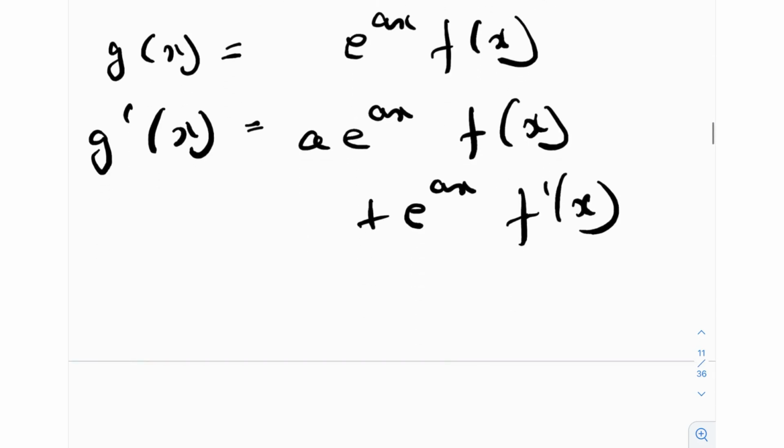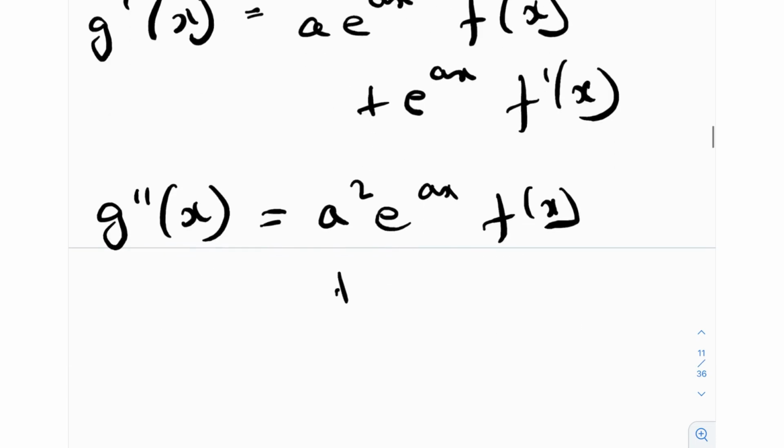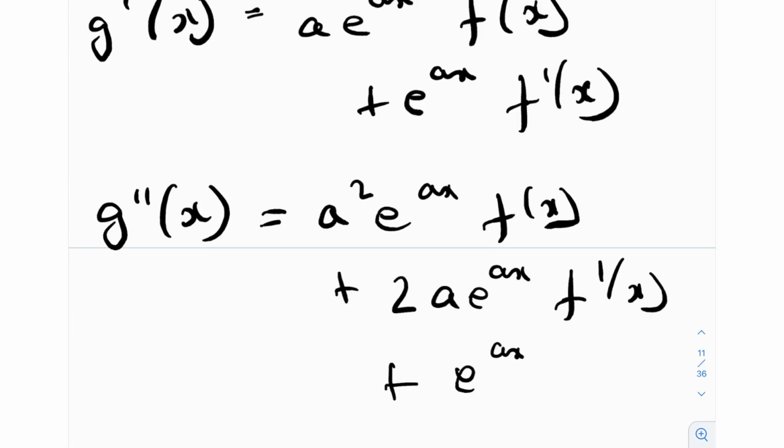Now you again find the second derivative, so differentiate this again, using the product rule for all of these terms. You will get something that looks like this, plus 2a e raised to power ax times f prime x plus e raised to power ax times f double prime x.